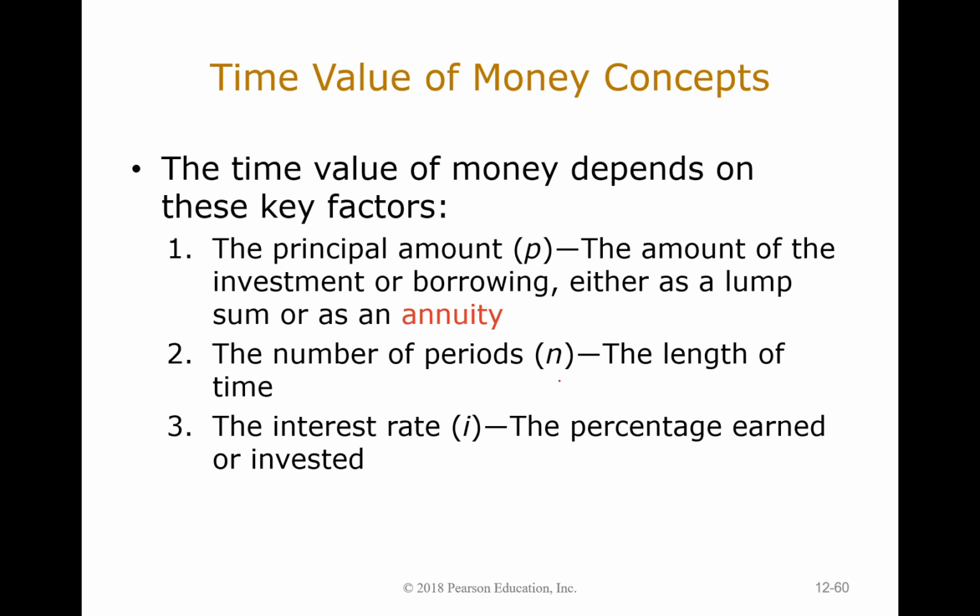The number of periods is the length of time we have, and the interest rate is a percentage earned or invested. Remember, this may be expressed as an APR, usually an annual percentage rate, but we have to convert that into a rate per period.